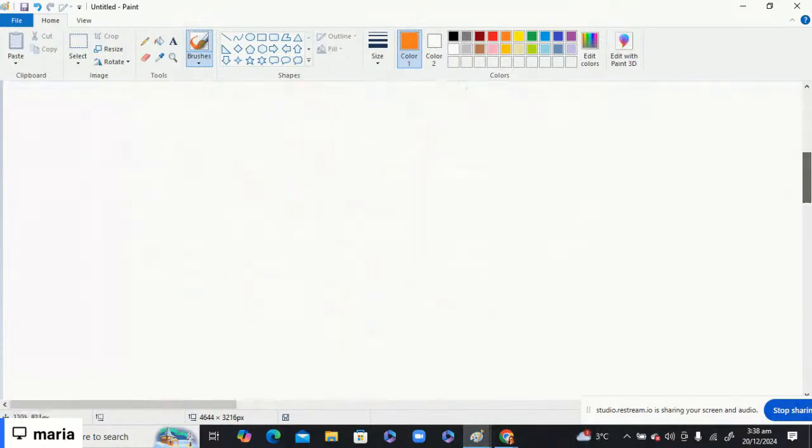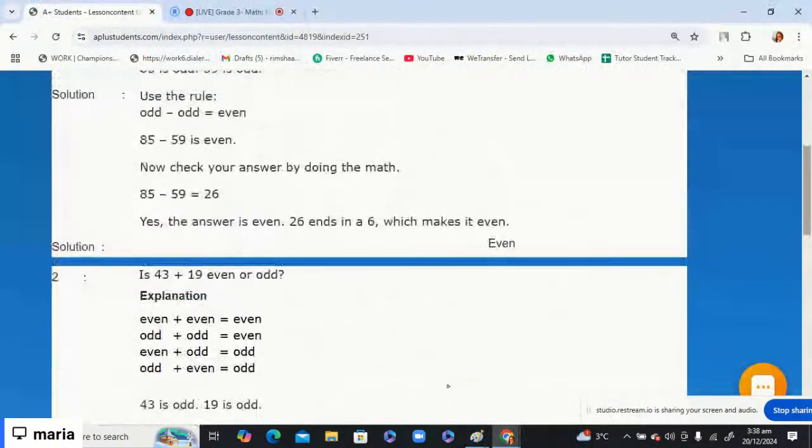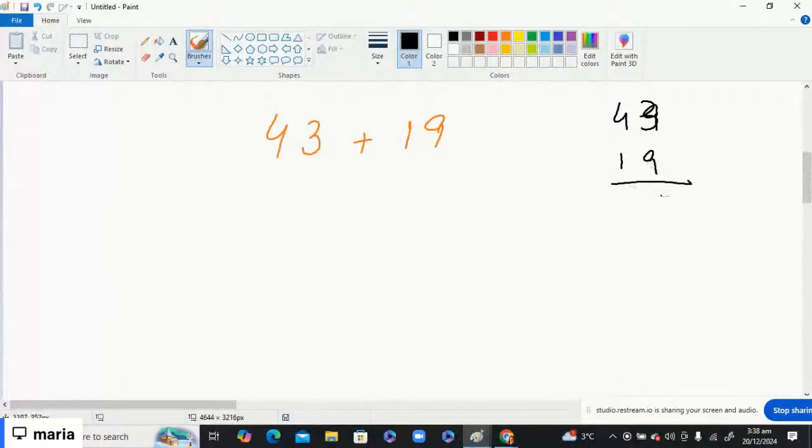Now let's do the questions. For example, 43 plus 19. Let's add 43 with the 19. 9 plus 3 is 12.